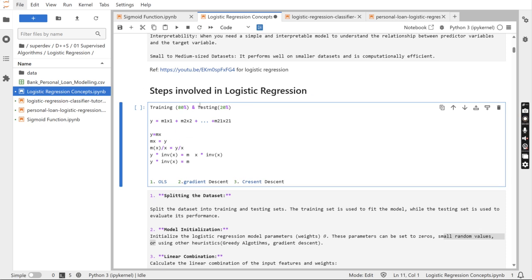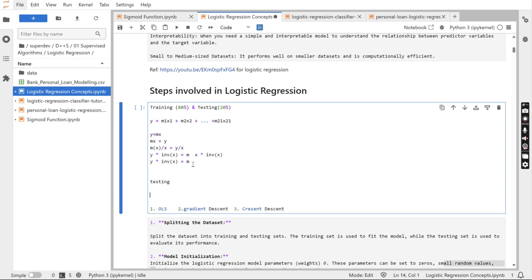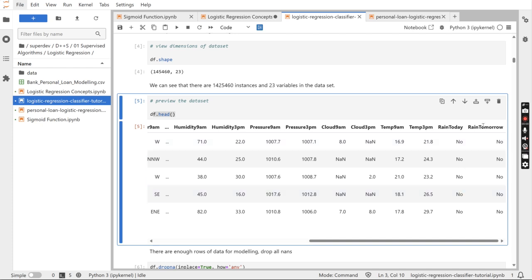Now in the testing step, you already know the m values, and you will be given the x values. X values are the testing values; these values you will get from the test data set. And in the test data set, you won't have rain tomorrow.